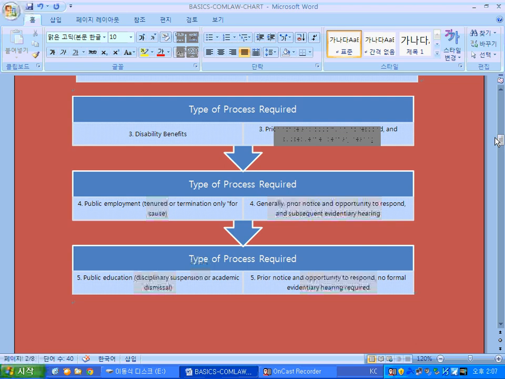In this case, the court generally would require a prior notice, an opportunity to respond, and a subsequent evidentiary hearing.